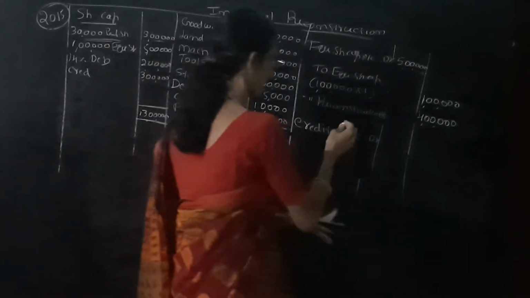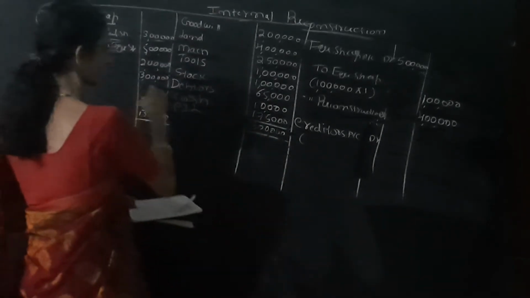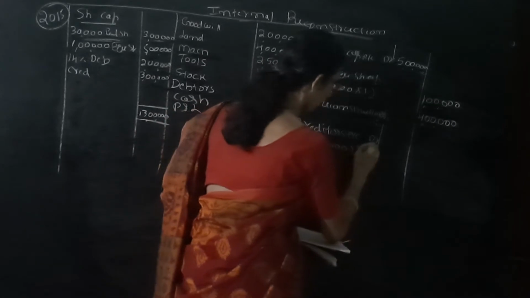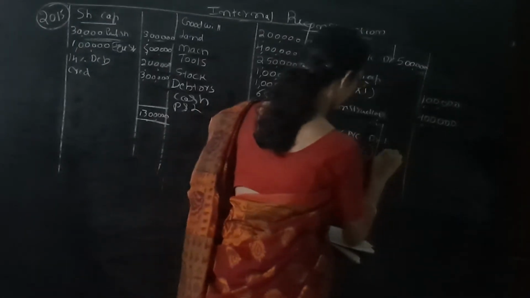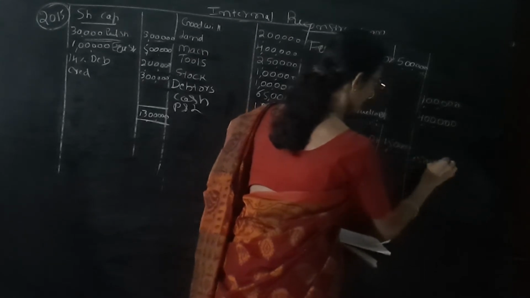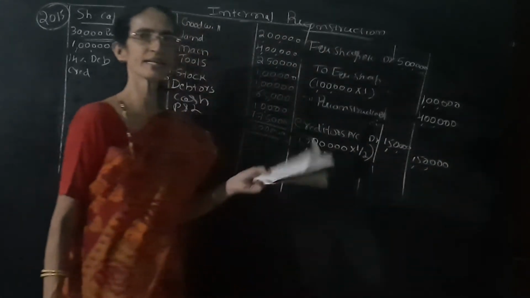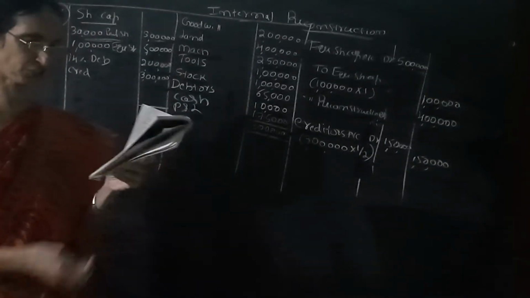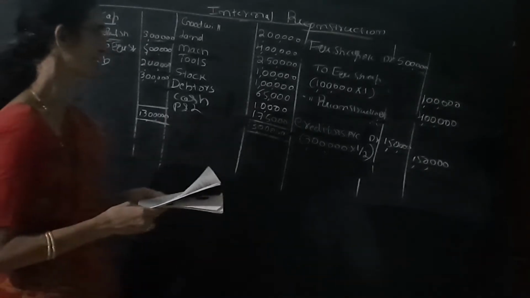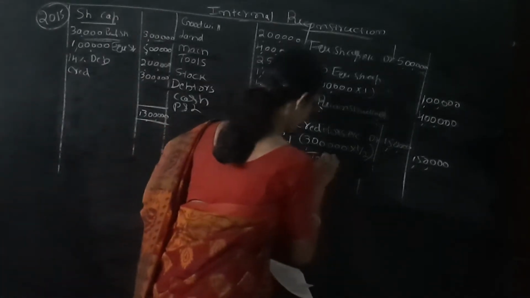So half of the creditors: the creditors are 3 lakh into half, that means 1,50,000 should be transferred to the debentures account. The remaining will remain as it is in creditors, and we show it in the balance sheet. So creditors account debit to 14% debentures account.